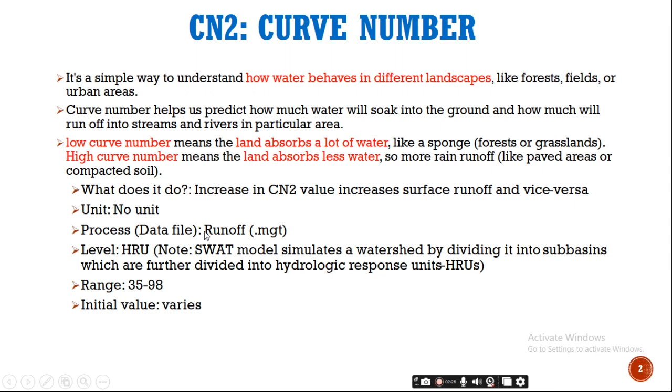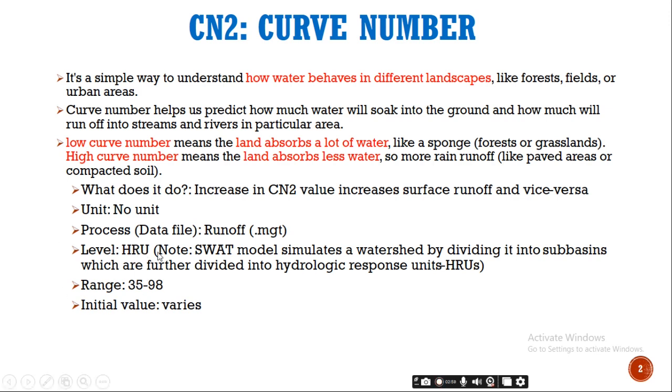So what does it do in SWAT calibration? If we increase the CN2 value, it will increase the surface runoff, and vice versa. It has no unit, it processes the data in the runoff MGT file, and it also works at the level of HRU. What does that mean? The SWAT model simulates a watershed by dividing it into sub-basins, which are further subdivided into hydrologic response units.